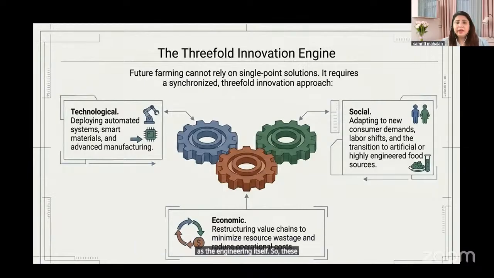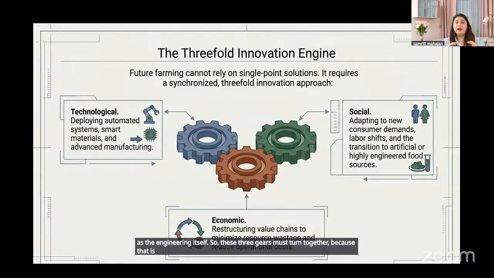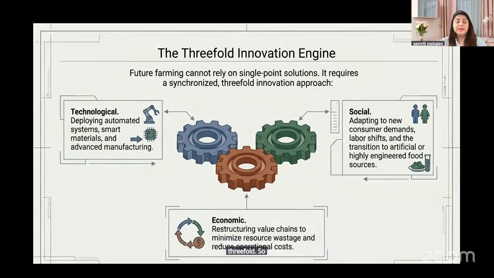These three gears must turn together, which is why it is threefold. They need to be turned equally and together. Only then will we understand how these things work. Advance only one and the system stalls. That is the core logic of the precision blueprint we need to discuss.